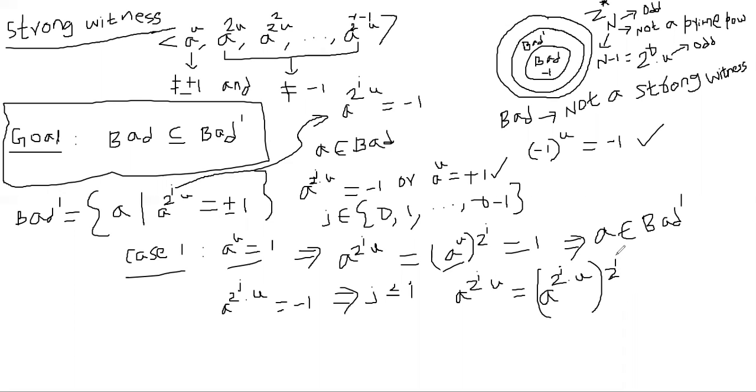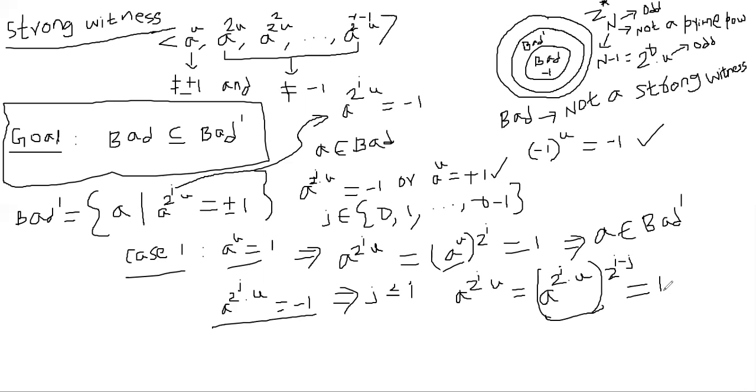I have introduced a j here, so I have to subtract the j. That means when I multiply, the powers will add and j will go away. So what about a power 2 power j times u? We know that it's -1. This is because a belongs to bad. Therefore, this is nothing but 1, because we have a -1 here, and -1 to the power of an even number is always 1.